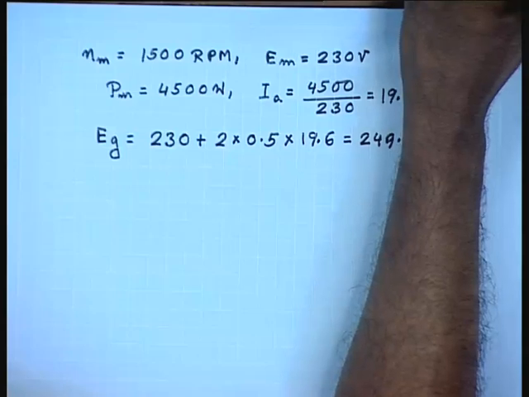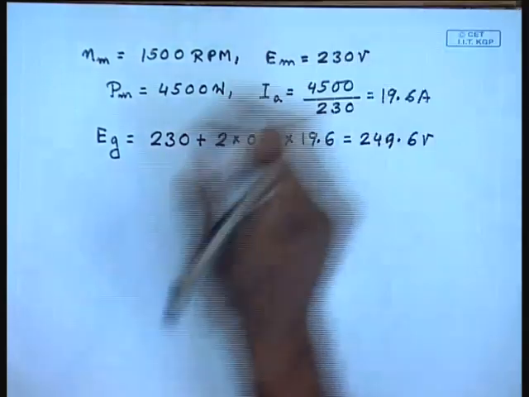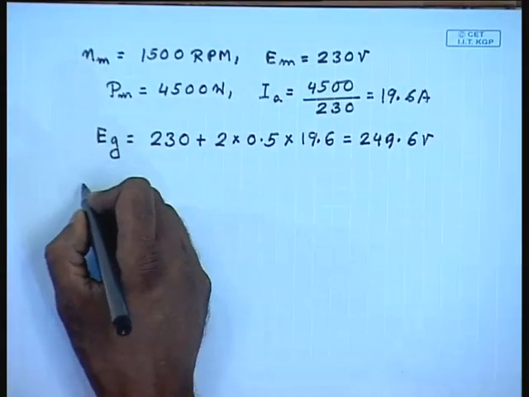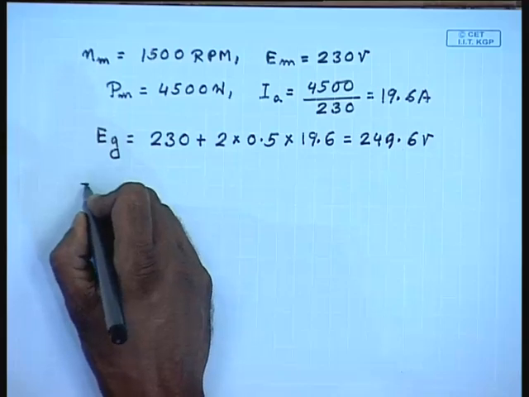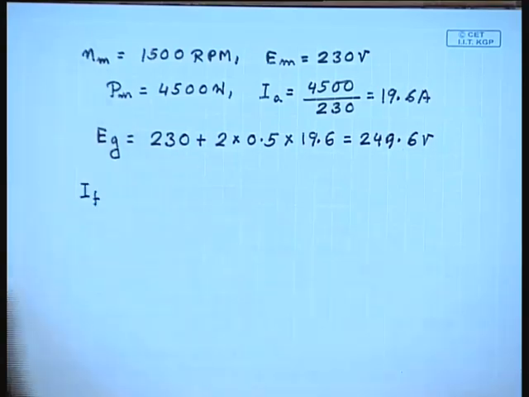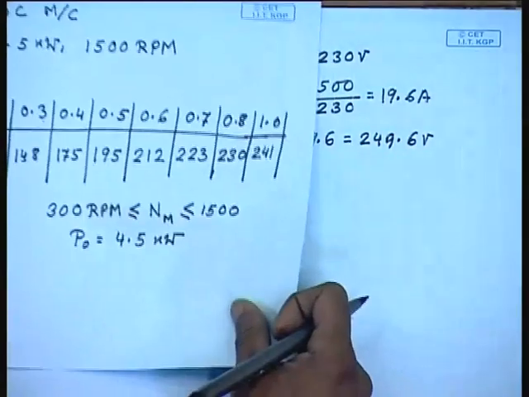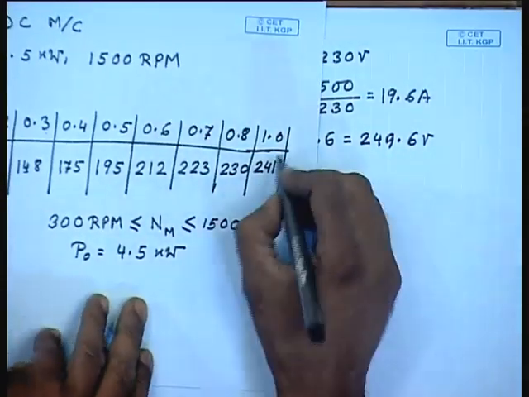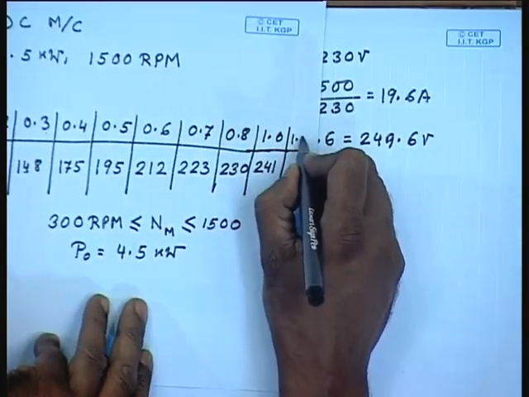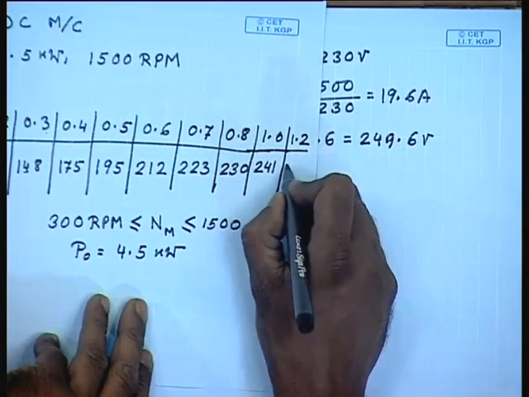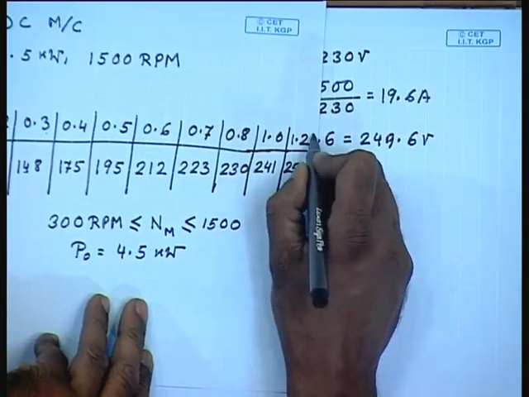Now, again from the magnetization characteristics we find, from the data, that for 1.2 ampere this is 251 volts.